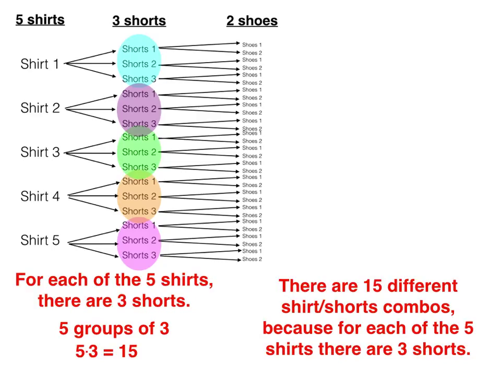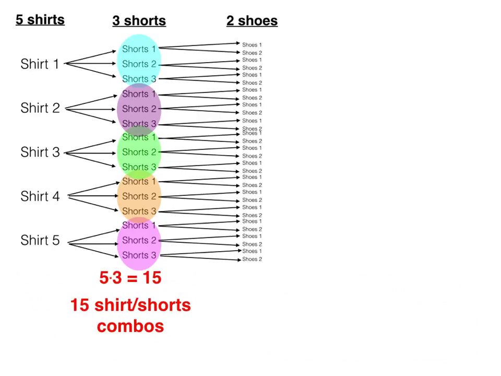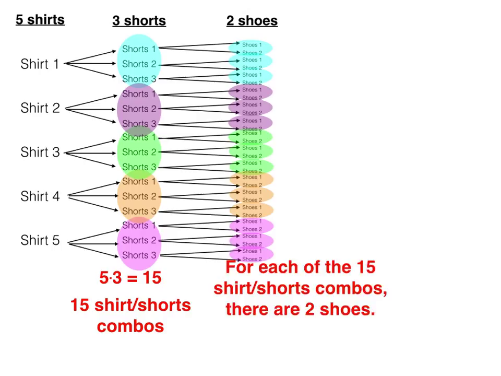Now let's put the shoes in there. So there are 15 shirt-shorts combos. And if we look at that first one of the shirt-shorts combos, we have 2 possible pairs of shoes. If we look at the second of the shirt-shorts combos, we have 2 choices for shoes. Same thing here, here, all the way down. So for each of the 15 shirt-shorts combos, there are 2 shoes.